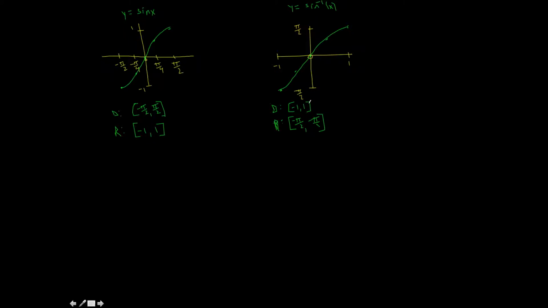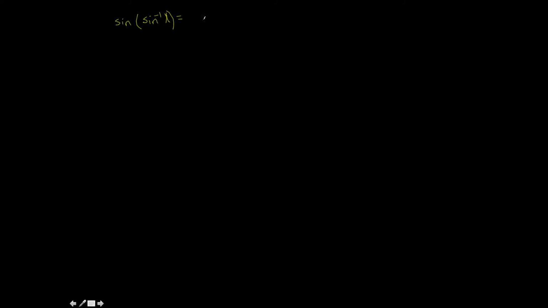Now, we do have some interesting little identities that go along with this. Alright, so since they're inverses, if we take the sine of an inverse sine, well, as long as x is between negative 1 and 1, then that's going to give us x.